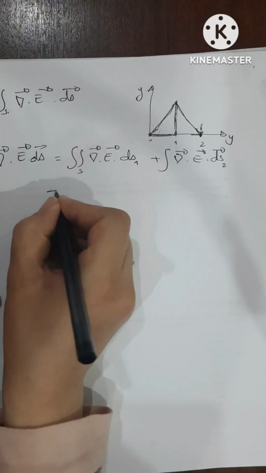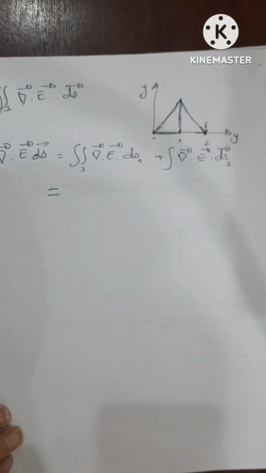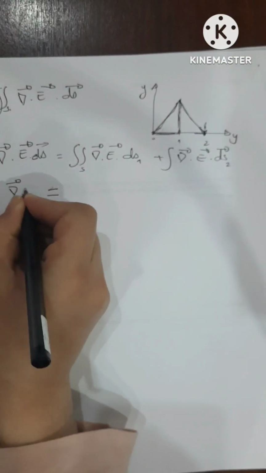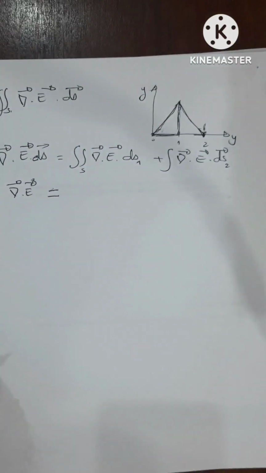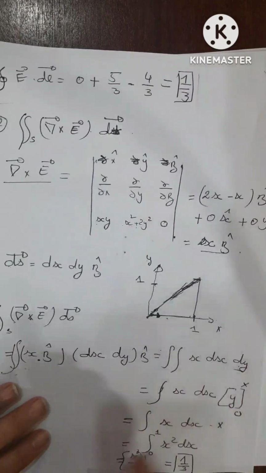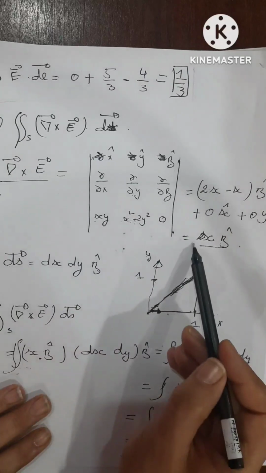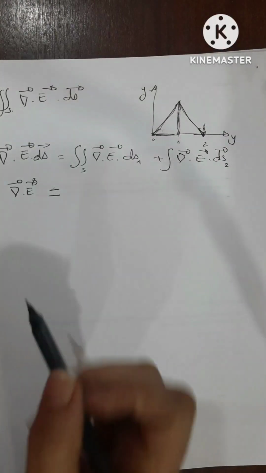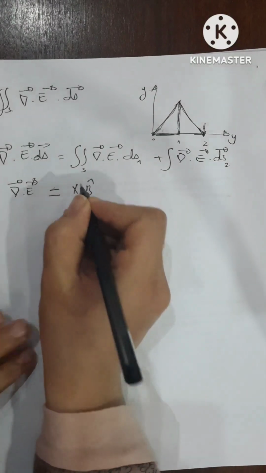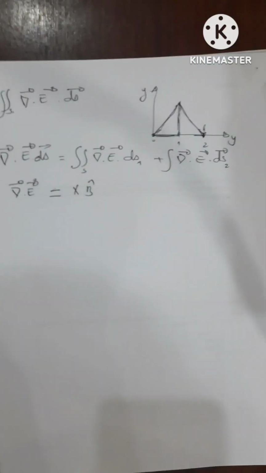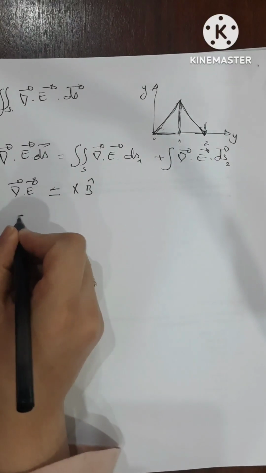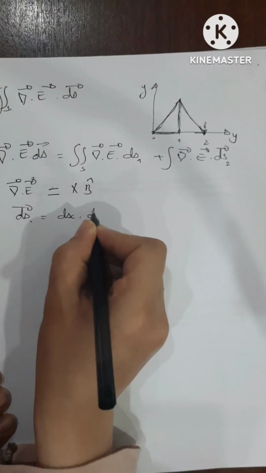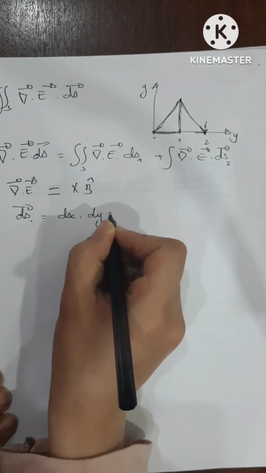Now the curl of E, we did it in the previous example. Where is it? So this one. The curl of E, we found it's x in the direction of z. Now ds1 is dx dy in the direction of z.